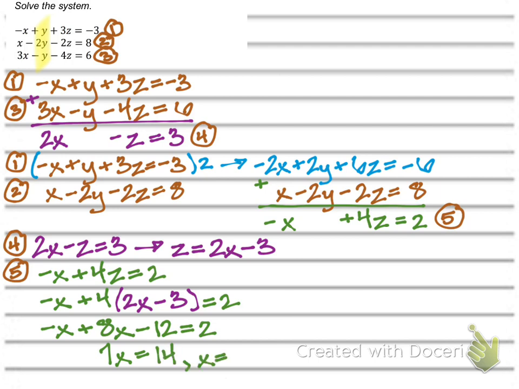So x is 2. Now that I know what x is, I can go up to z, right? Z was 2x minus 3. So that's 2 times 2 minus 3, which is 1.